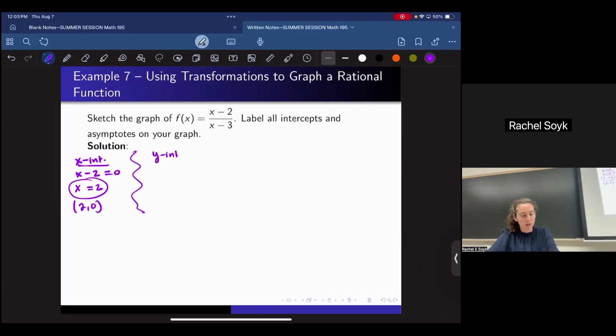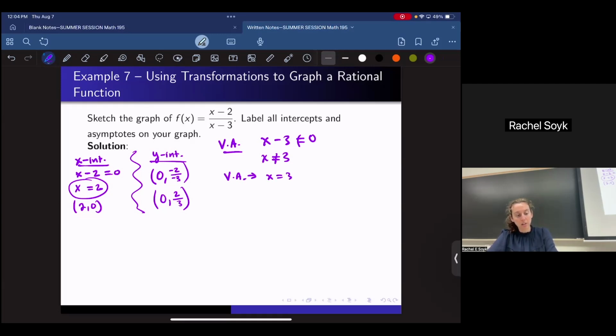Y-intercept, when x equals 0, what do we get? -2 divided by -3, which is just positive 2/3. Vertical asymptote, we can't have the denominator be equal to 0, which means our vertical asymptote is at x equals 3.